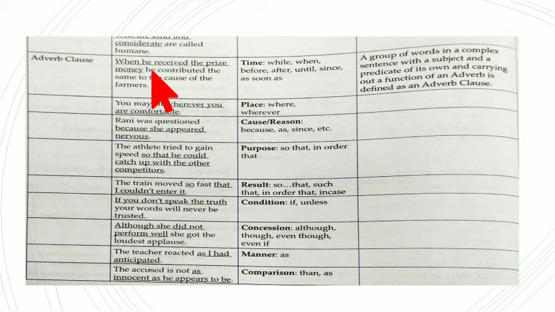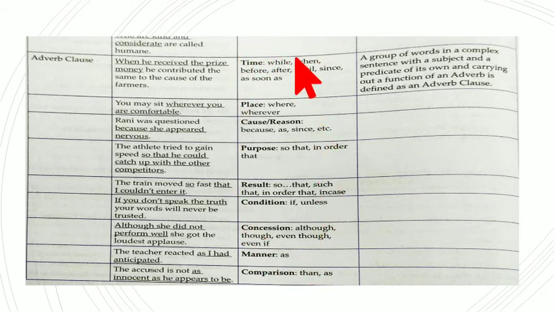Now, this subordinate clause is an adverb clause. There are many types given: adverb clause of time, place, reason, purpose, result, condition, concession, manner, comparison. These all indicate what? As we know, there are types of adverbs.